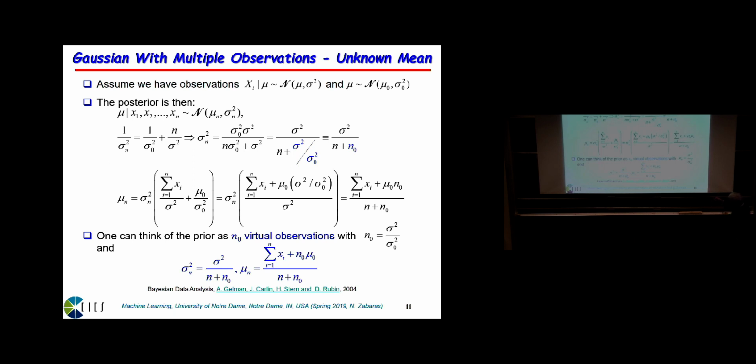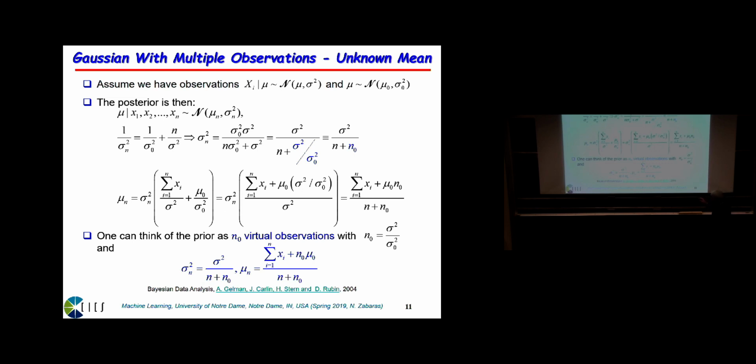The interpretation of n0 is that there are n0 virtual observations induced by the prior. Why is that? Because look at that. When you compute the variance of the posterior, it comes to be sigma squared divided by how many data points you had plus n0. So it makes sense to interpret n0, because of the effect of the prior, as virtual dummy observations that you have.